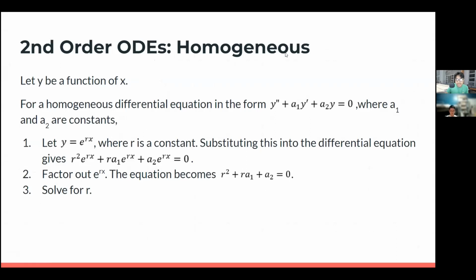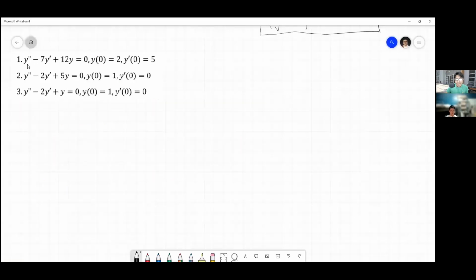So, para mabuo mo siya, nang hindi dinadaanan yung buong process na yon, isipin mo lang kung ano yung order ng derivative. Yun yung exponent ng magiging characteristic equation.